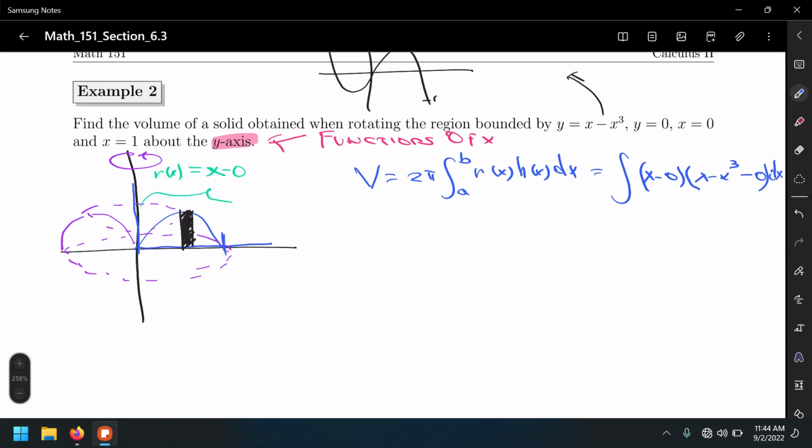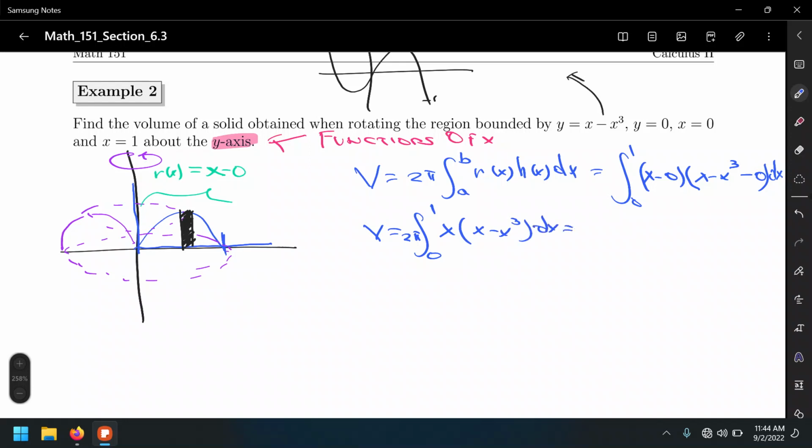And the limits of integration are given from x equals 0 to x equals 1. So this will give rise to the following integral: 2 pi from 0 to 1 of x times x minus x cubed with respect to x.